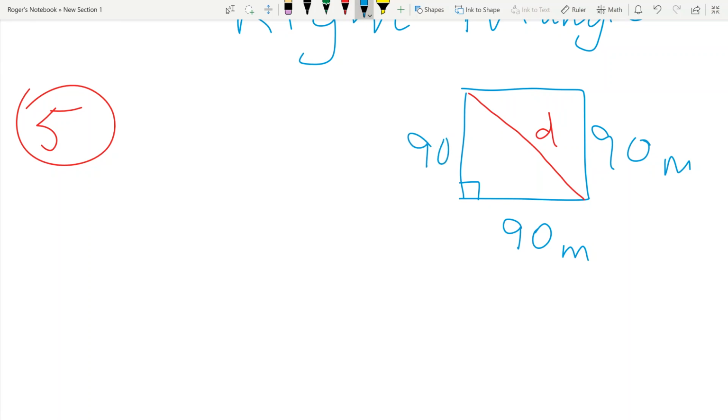So 90 squared plus 90 squared must be equal to d squared. So how does this look right here?